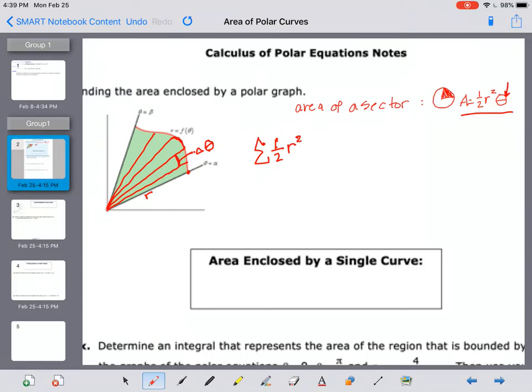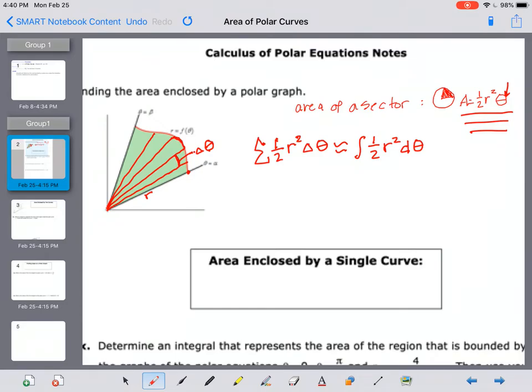And now the theta in my formula, I can replace with my change in theta. Then it looks very similar to my Riemann sum, which means this can approximate the integral of 1/2 my polar equation, r squared, d theta.